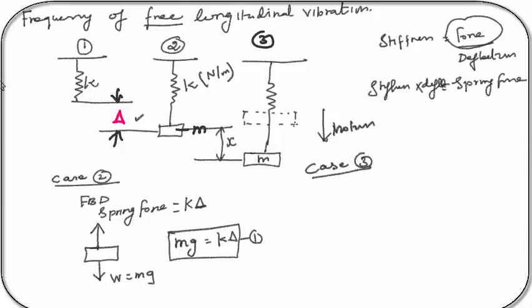Here we are going to apply D'Alembert's principle. By using D'Alembert's principle, we can consider this dynamic system as a static system. What is D'Alembert's principle? If you include inertia forces in the system, then we can consider it as a static system. That is what D'Alembert's principle is.